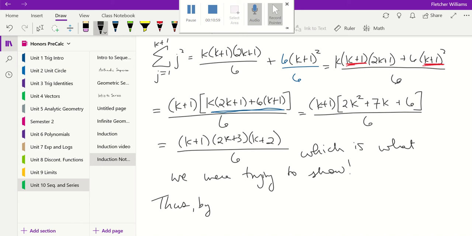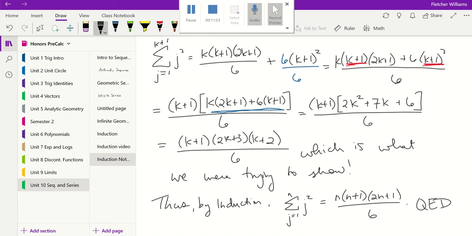Thus, by induction, the sum from j equals 1 to n of j squared does in fact equal n times n plus 1 times 2n plus 1 over 6. QED. Rejoice. Simple as that.